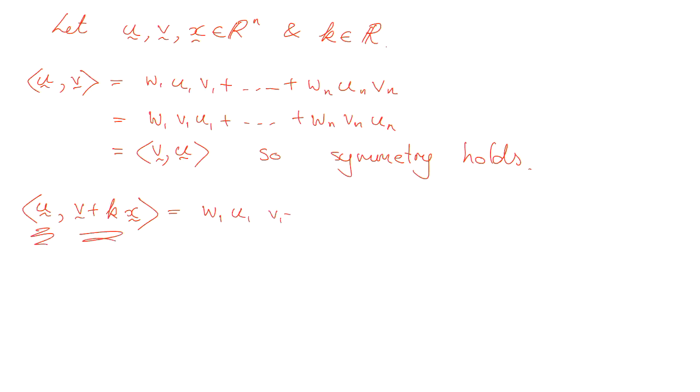First entry of the second argument is v1 plus kx1. And then you've got the same thing for the second entries, and so on, up to the nth. Same thing for the nth entries. So you've got un times vn plus kxn. Okay, that makes sense?